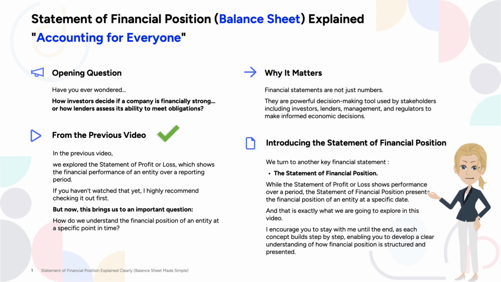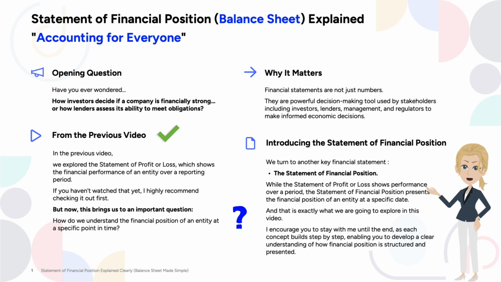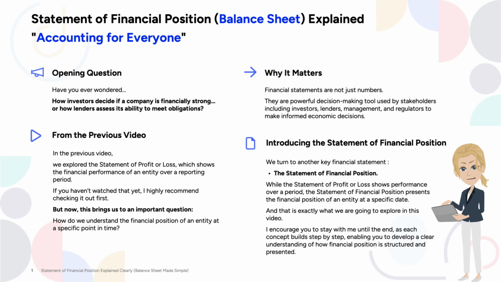But now, this brings us to an important question. How do we understand the financial position of an entity at a specific point in time? To answer this, we turn to another key financial statement, the statement of financial position.